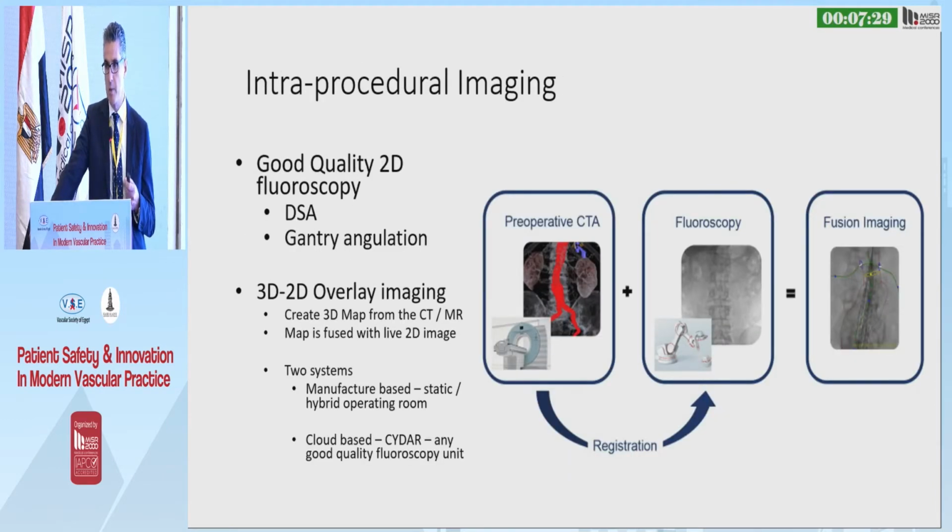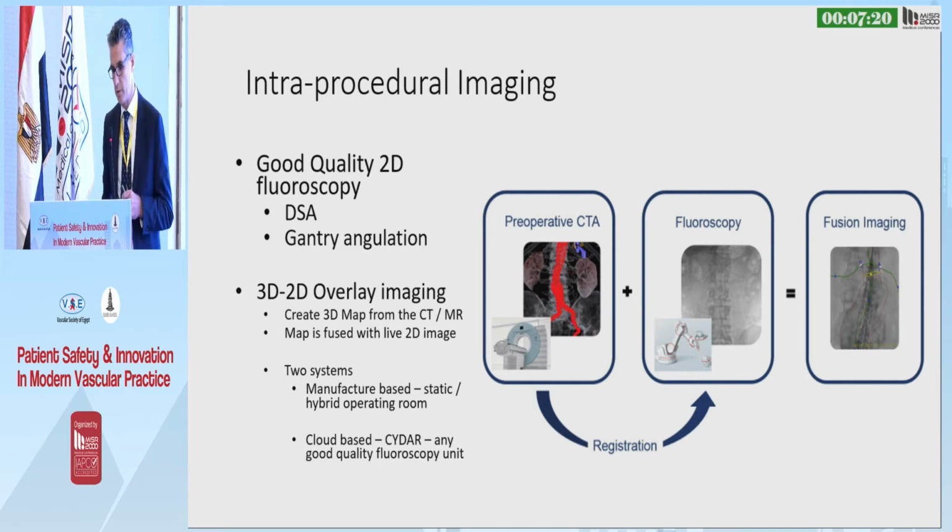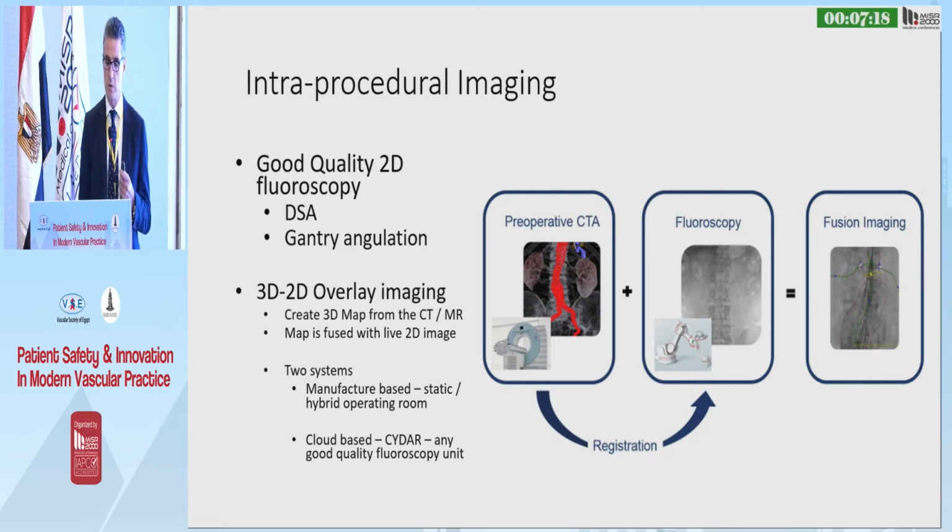The intra-procedural imaging is where we've seen some more recent technological advances. The minimum requirement here is a good quality 2D fluoroscopy unit, which does digital subtraction angiography and allows angulation of the gantry. But more recently we've progressed to fusion imaging, which is a 3D, 2D overlay imaging where you create a 3D map from the CT or MR and then integrate it.